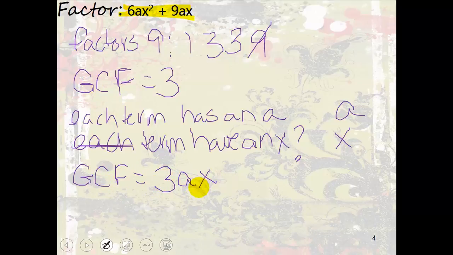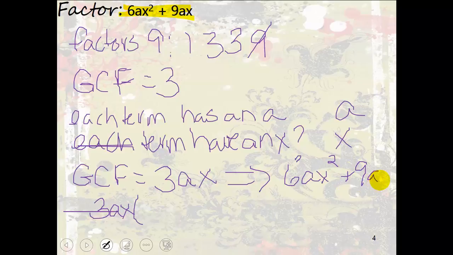Now what we're going to do is put that out in front of a parenthesis, and we're going to divide each of our terms by 3ax. All right, so 6 divided by 3 is 2. a divided by a cancels. x squared divided by x gives me an x.